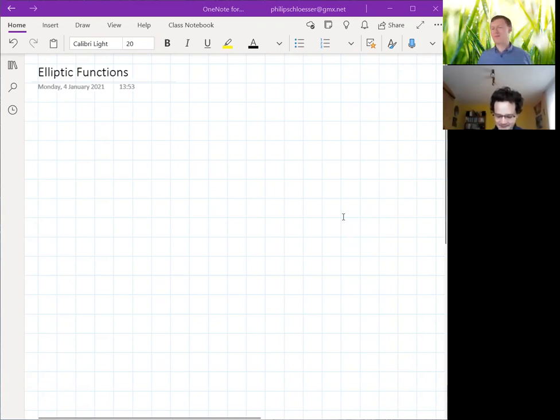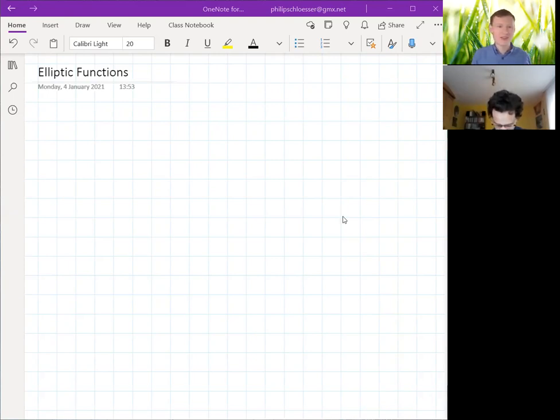Okay, so during your contact with maths education, you've probably encountered a lot of terms that are called elliptic with no real explanation as to why they are called elliptic.